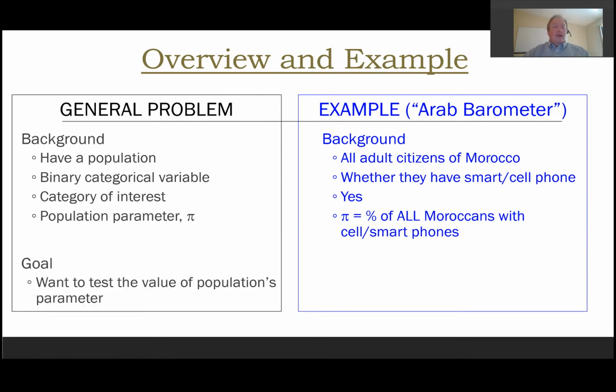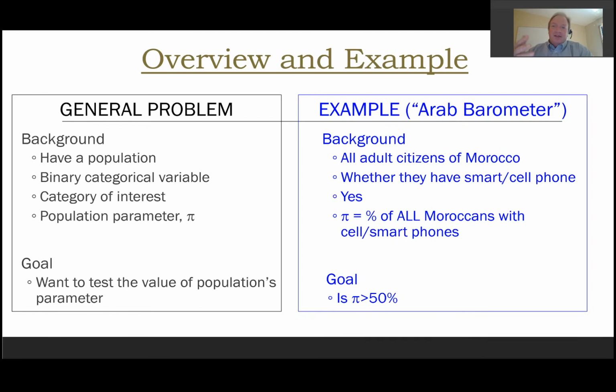And the goal here is that we want to test the value of the population's parameter. So we have some value in mind, and we want to test it. And in the error barometer, remember that you made an educated guess. That's what a hypothesis is. And you tested it versus the sample data. And so I could make an educated guess, maybe 50%.